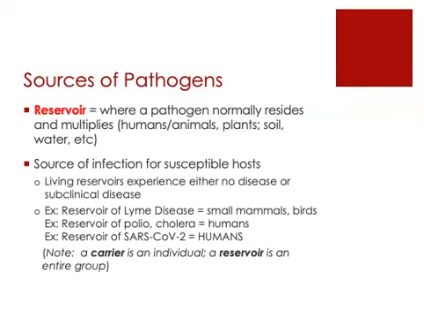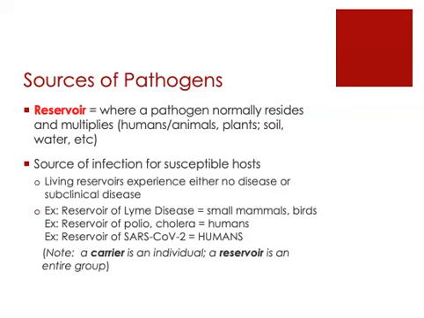Now, when it comes to the reservoirs themselves, living reservoirs don't get the disease that the pathogen is causing, or in some cases, they're experiencing a subclinical disease. They're experiencing something that is below what we can detect. Let's look at some examples of this.